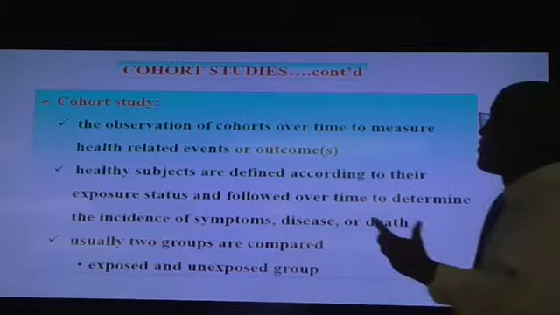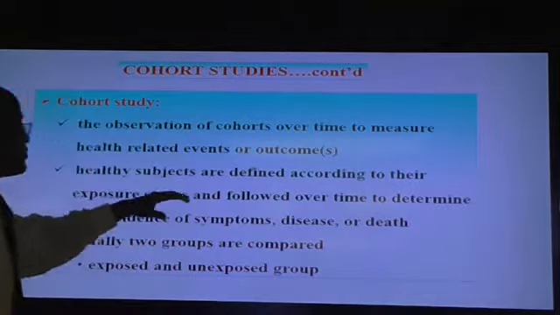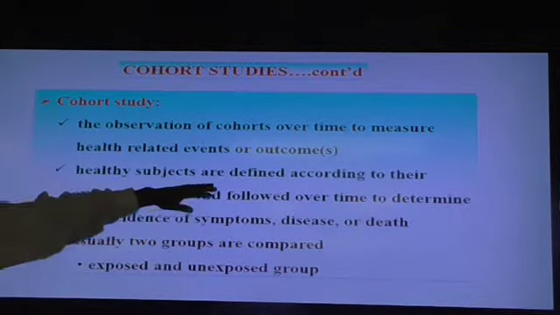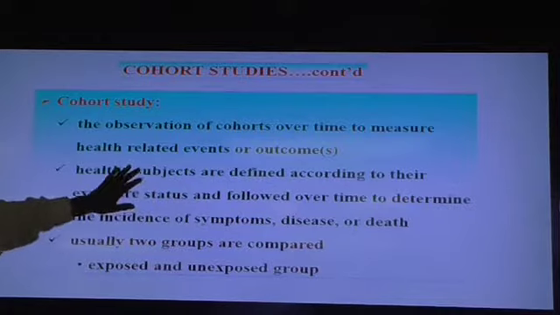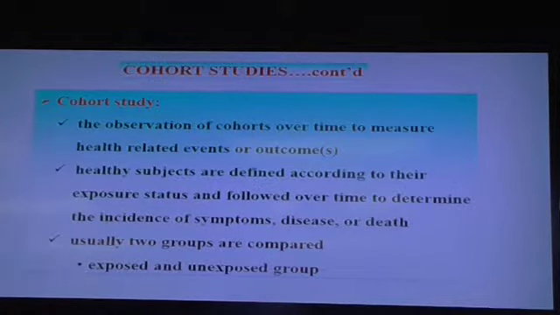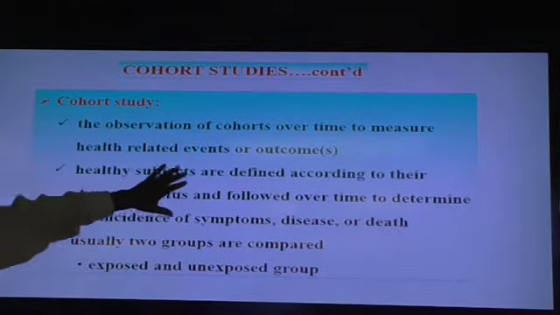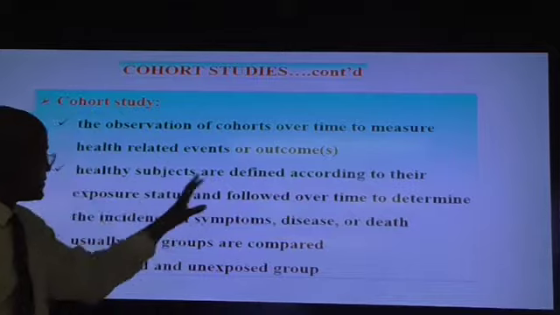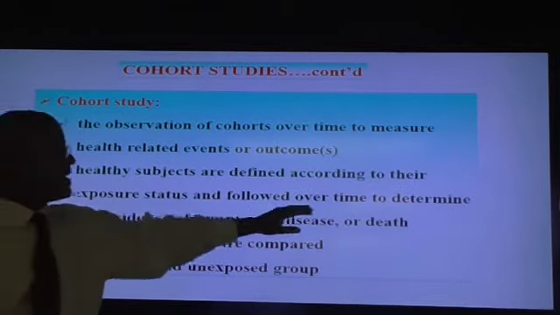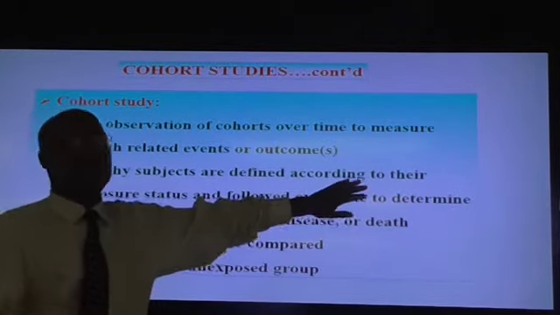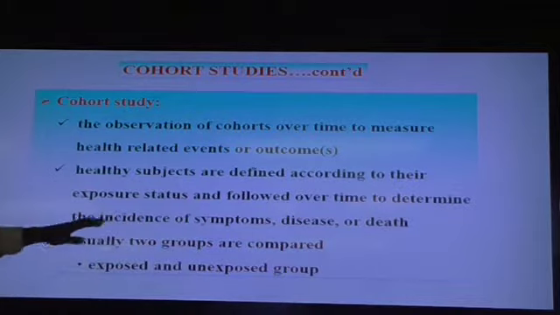So what cohort studies normally do is this: healthy subjects are defined according to their exposure status. You first ascertain exposure in healthy individuals, according to their exposure status, and they are followed over time to determine the incidence of symptoms, disease, or death.